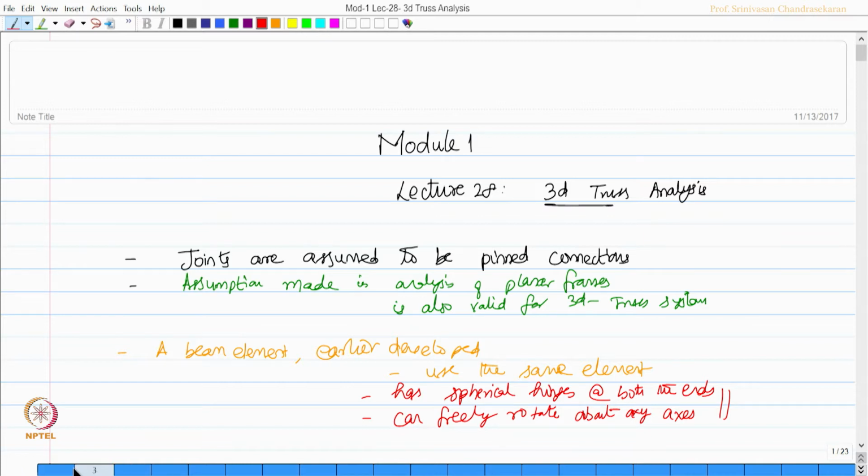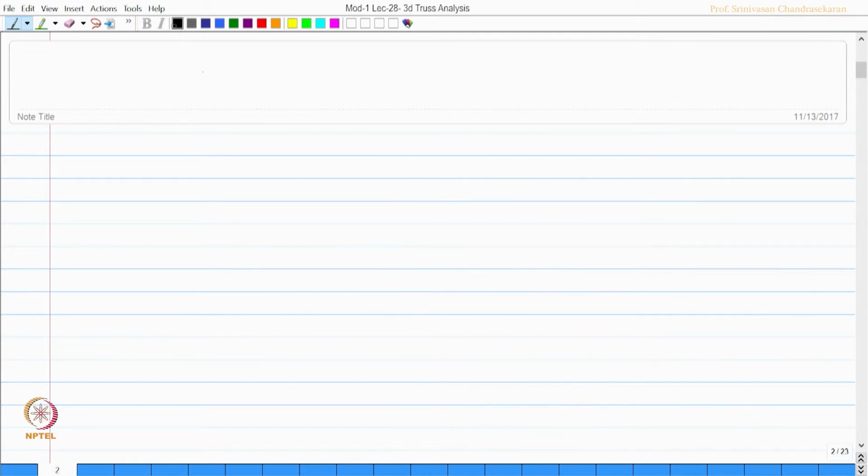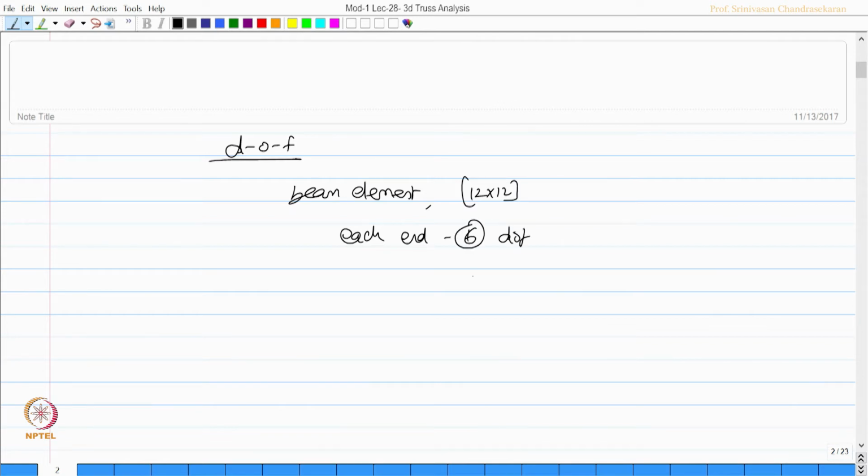Therefore, what would be the degrees of freedom now? Earlier for a beam element, if we look carefully, we had a 12 by 12 matrix, that is, each end had 6 degrees of freedom: 3 translations, is it not, along x, along y and along z, and 3 rotations about x, about y and about z.